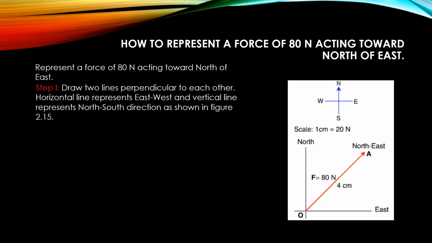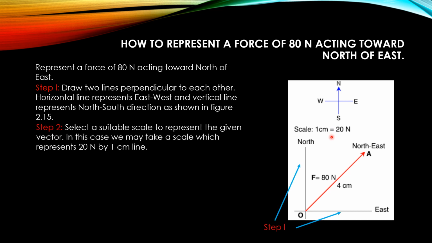For that, I need to follow some steps. Step number 1 is draw two lines perpendicular to each other. The horizontal line represents east-west and the vertical line represents north-south direction. These are two perpendicular lines.